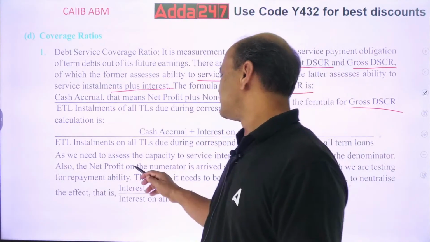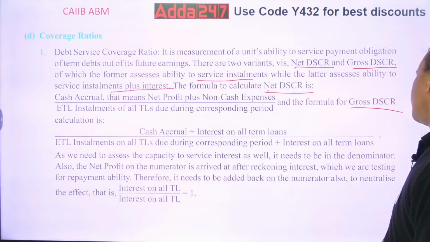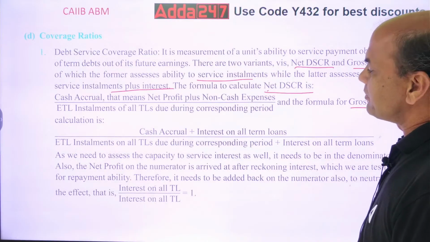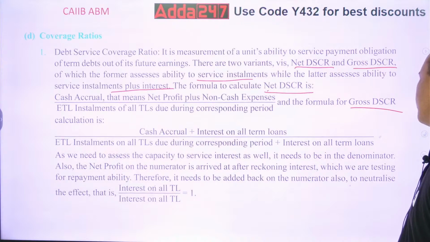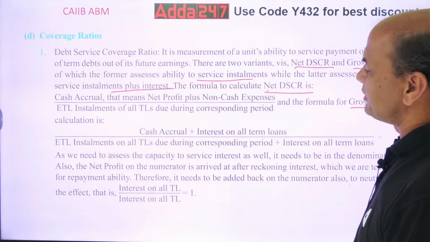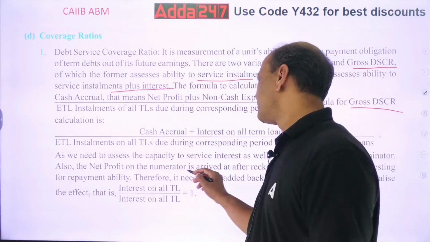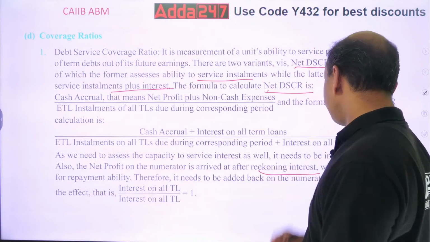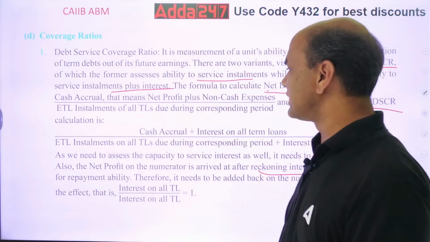As we need to assess the capacity to service the interest as well, it needs to be in the denominator. Also, net profit in the numerator is arrived at after reckoning interest, which we are testing for repayment ability. Reckoning means getting that interest.